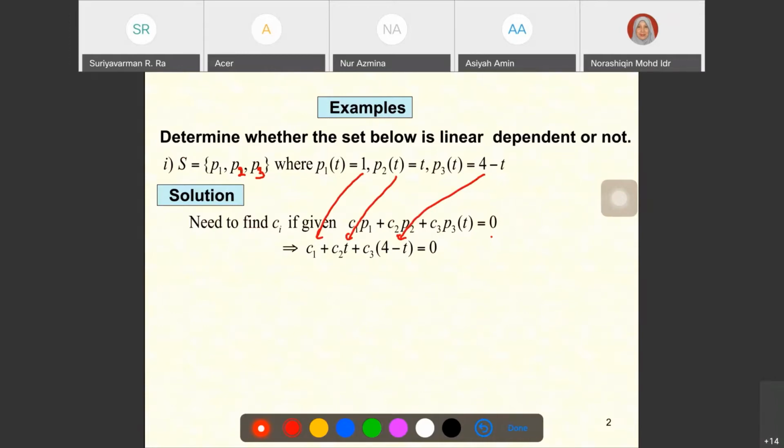Okay. So, we need to expand what we have. What do you have here? C1 plus C2t plus 4C3 minus C3t equal to 0.